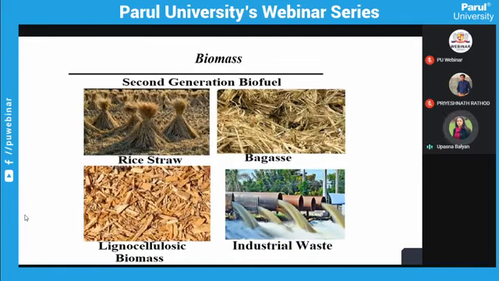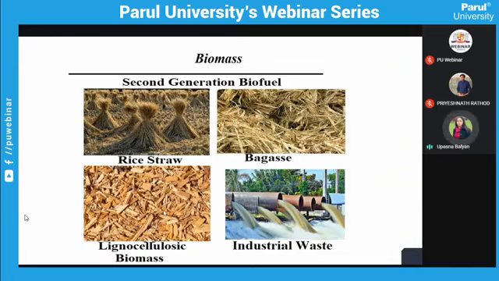Today we will talk about this lignocellulosic biomass, which we can obtain from wheat straws or rice straws and other things. In pulp and paper industries, they generally use the cellulosic part of this biomass, but generally it has lignin, cellulose, and hemicelluloses.